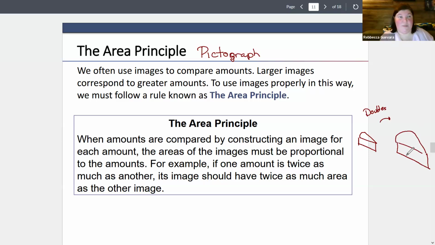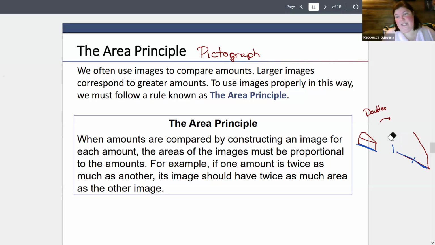And that's way more than double, because what I did here was I only doubled one dimension. But when I do that and try to make the picture look the same, everything else doubles as well, because this dimension doubled too. So it balloons out. It's not double in area anymore. It's like 4 times as much area.